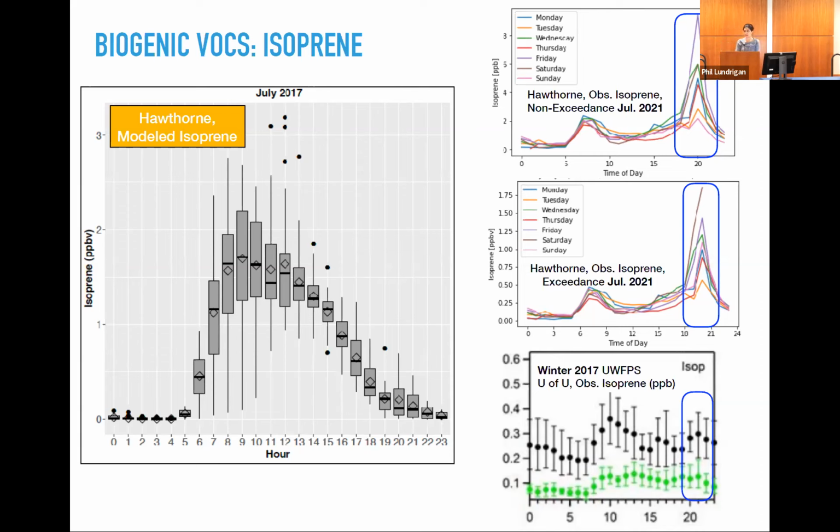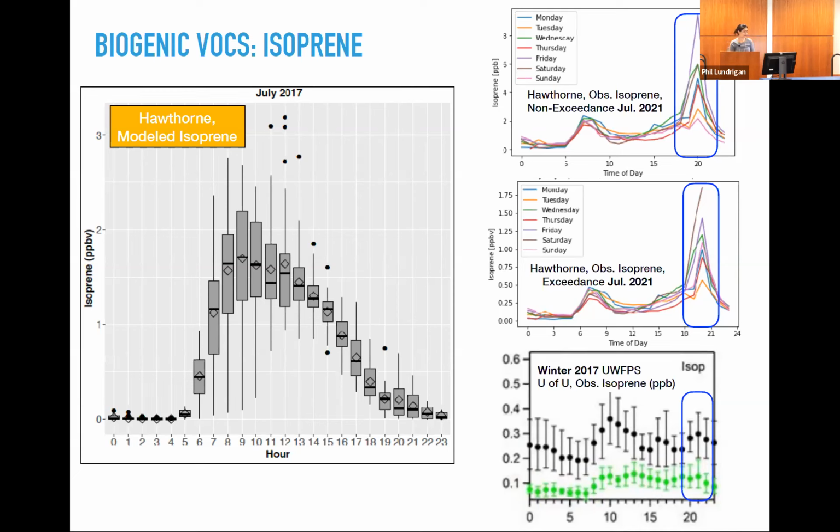And those are two different things, because it basically looks like your actual measurements look good in terms of they start to come up, oxidation kicks in, and isoprene goes away because it's being oxidized. It's a molecular reaction rate with OH. And then you get a peak after the sun starts to go down and oxidation slows down.